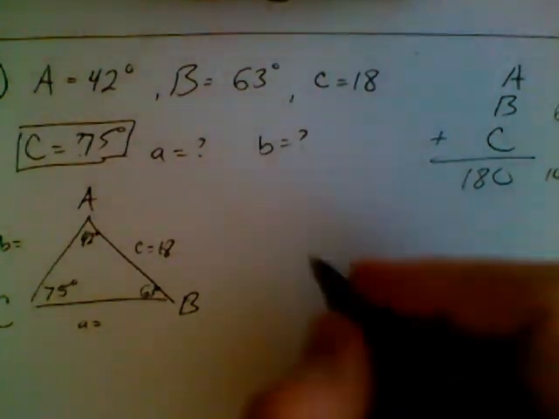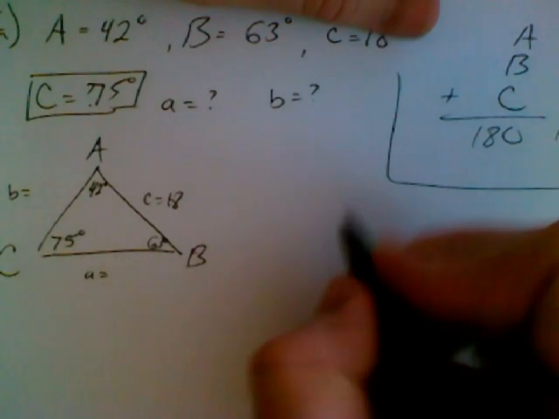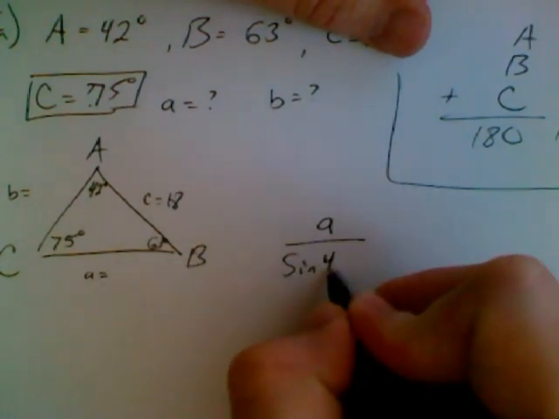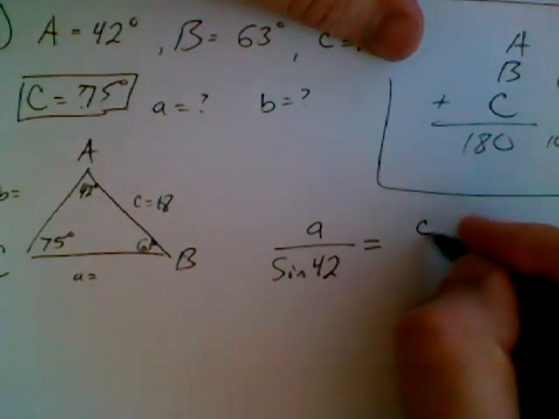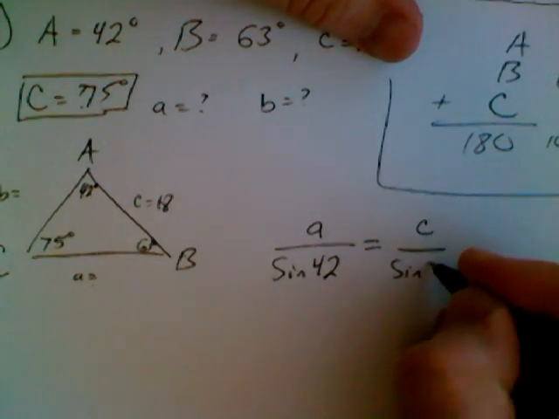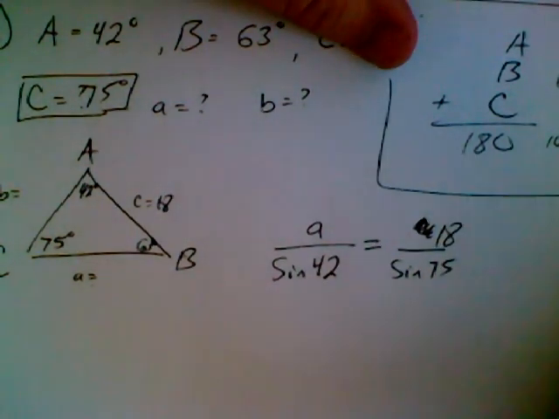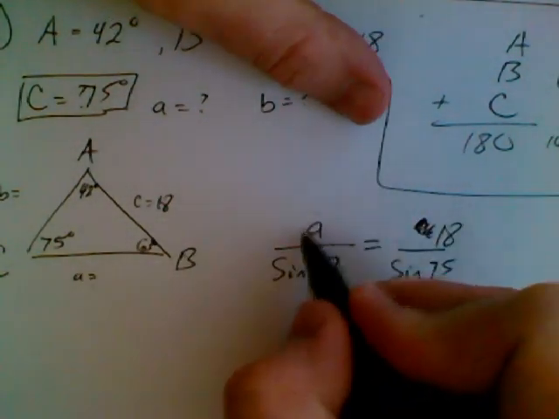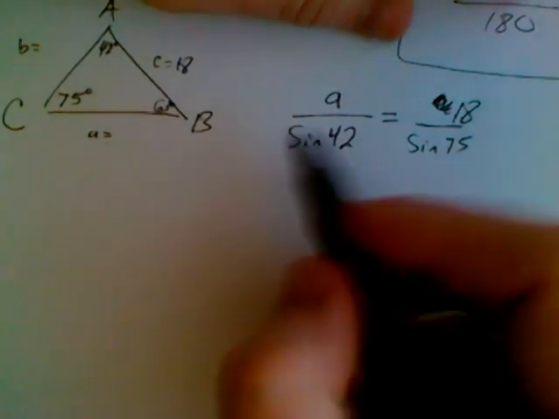Now with this, all I have to do is utilize the law of sines. I have little a over the sine of 42 equal to little c over the sine of 75. Well, I should probably plug in what c is. c is really 18. Look, there is only one variable in this entire situation, and that's a. So with that, I will solve for a.